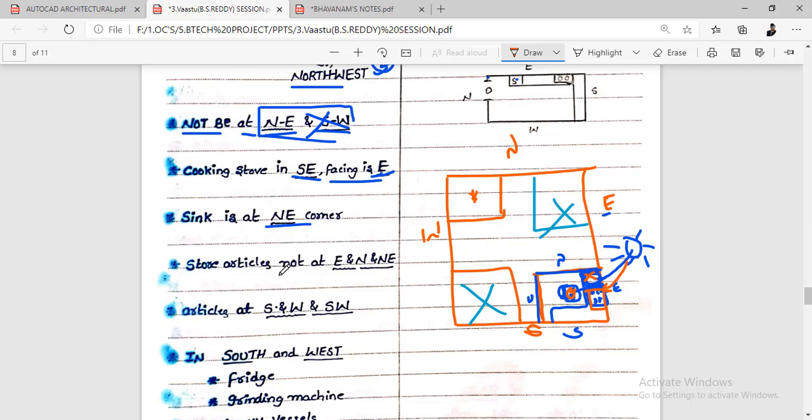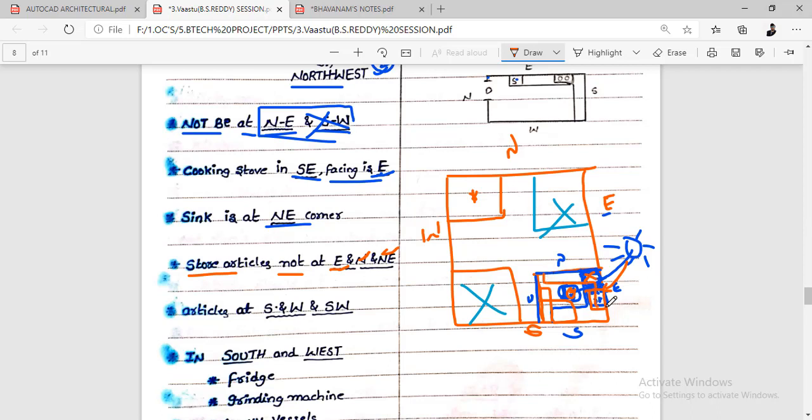Okay, store articles not at the east and north and northeast. Why? The general thing is, if you are providing the stove here, how can you place these articles in the east direction? So somewhere here you need to provide. That's why you can't provide east and north and northeast.